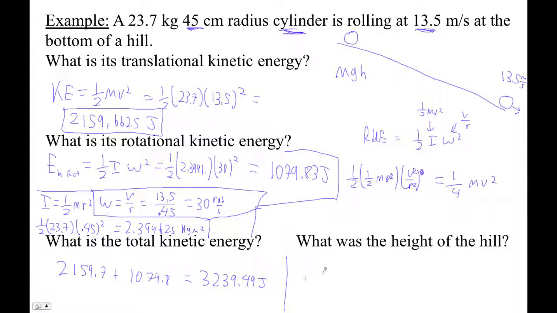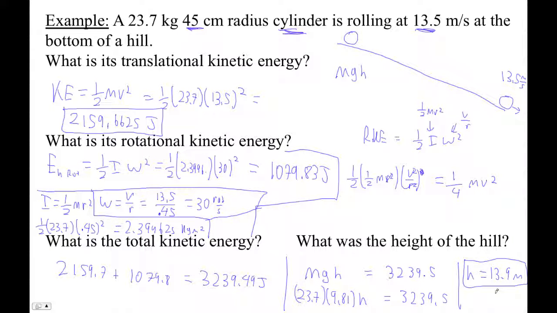So mgh before turned into 3,239 joules of total energy. So we're going to just plug in numbers: 23.7 times 9.81 times whatever that height is has to equal 3,239.5. So now I have to divide by 23.7, divide by 9.81. And I've got 13.9, that height. Ta-da.